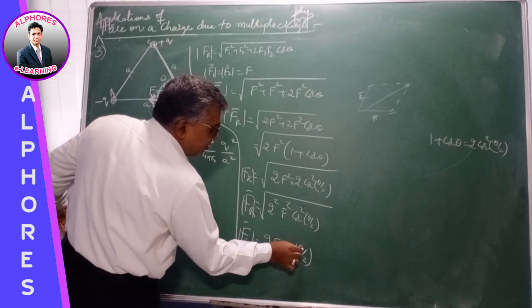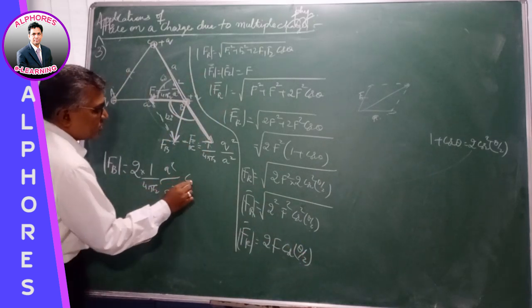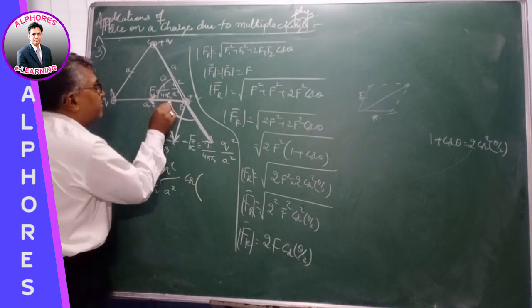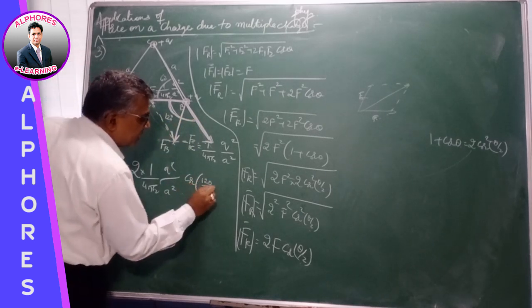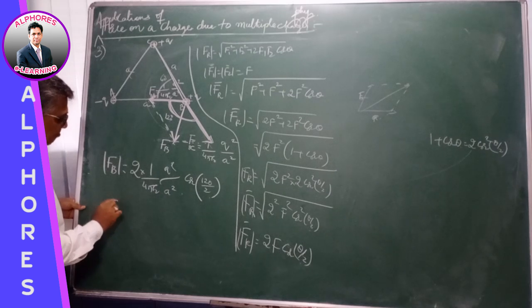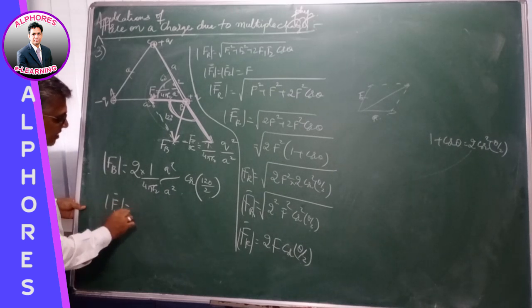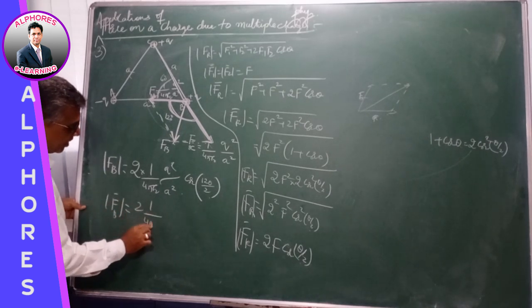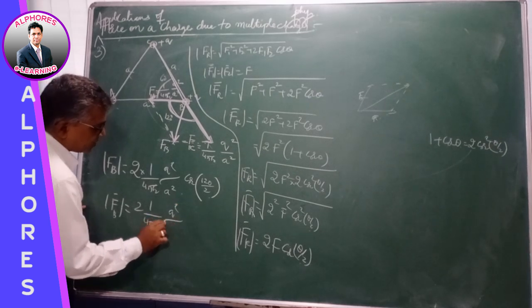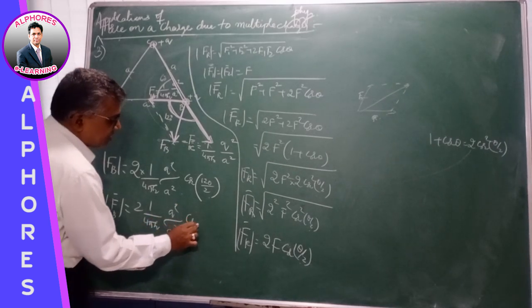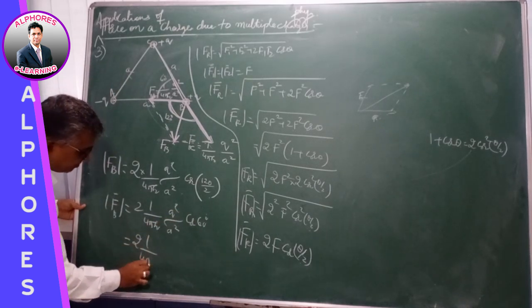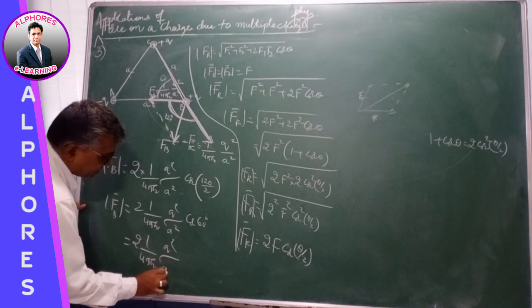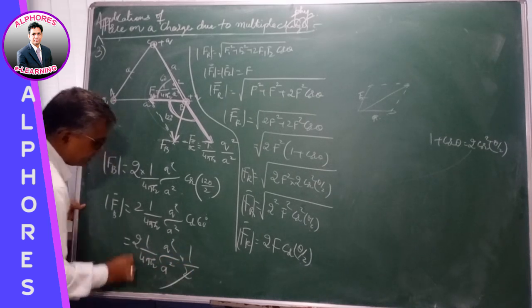We have just now proved the angle is 120, so it's 120 by 2. Therefore, the magnitude of the force on B is 2 times 1 by 4 pi epsilon naught q square by a square cos 60, and this is 2 times 1 by 4 pi epsilon naught q square by a square into 1 by 2.